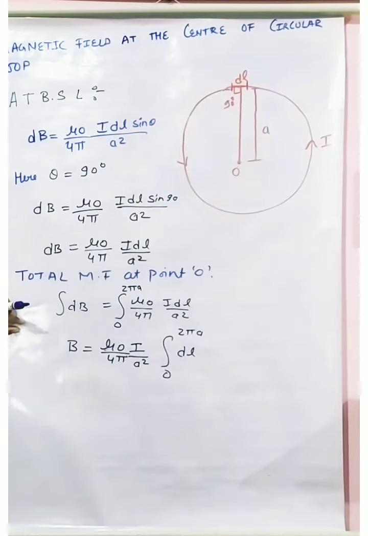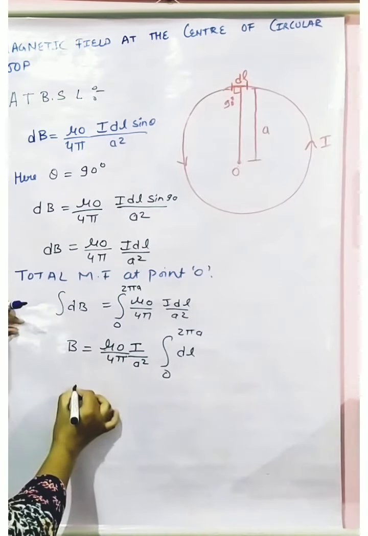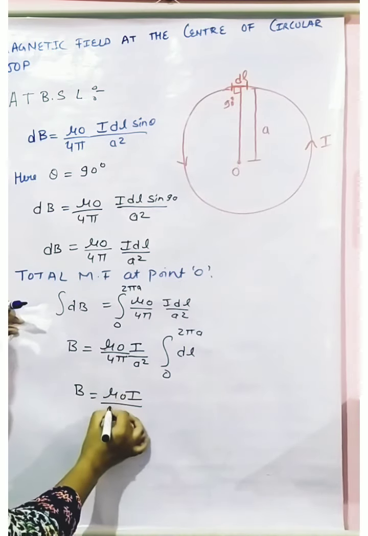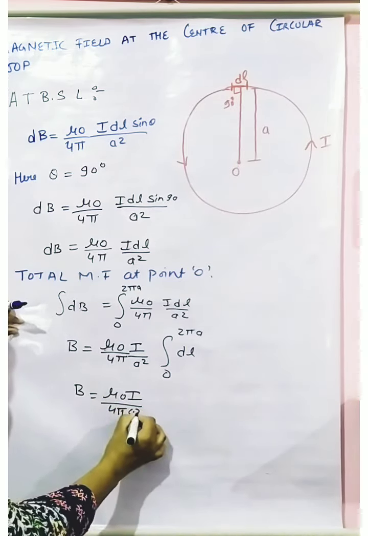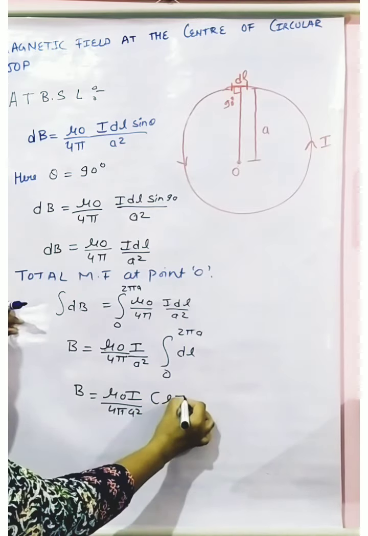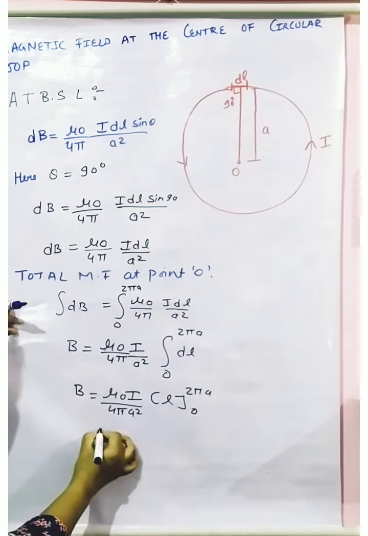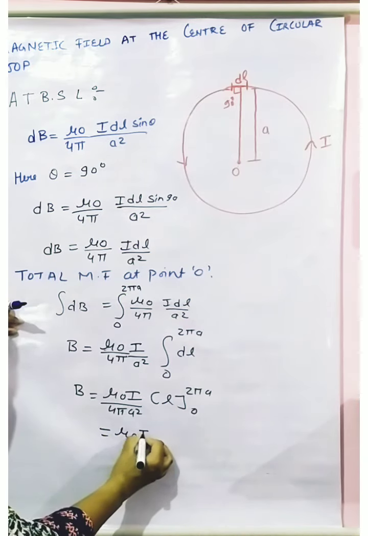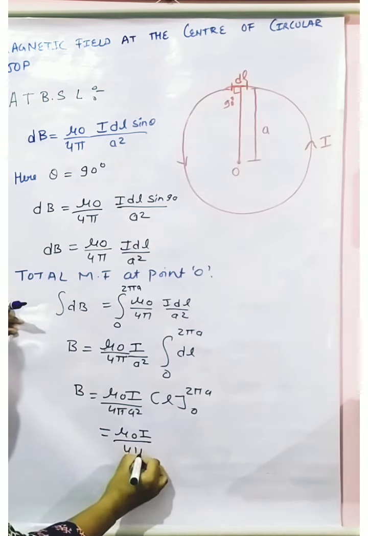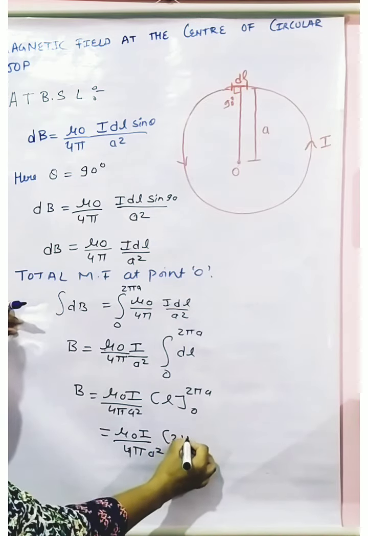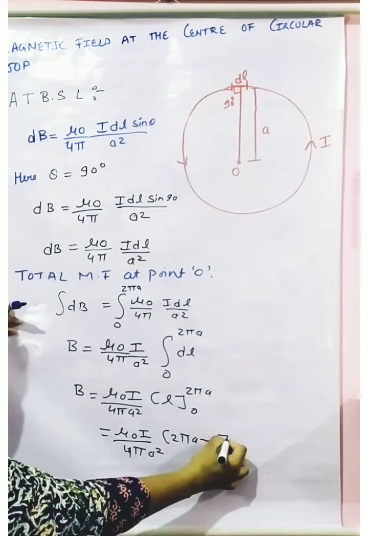So the integration of dl will be L. What is that L? L is nothing but your circumference, as we have already put its limit. The upper limit is 2 pi a. So we are going to get mu naught I upon 4 pi a square times 2 pi a minus 0.